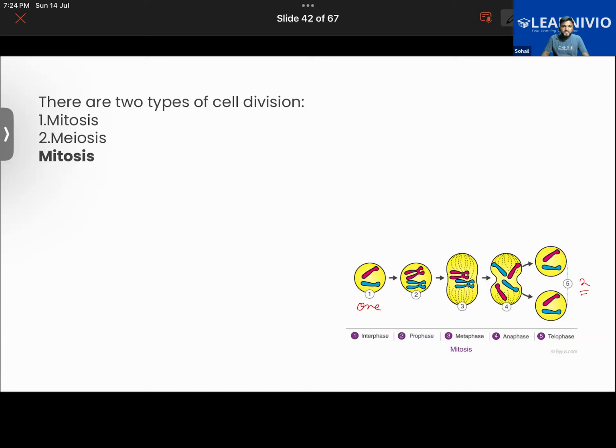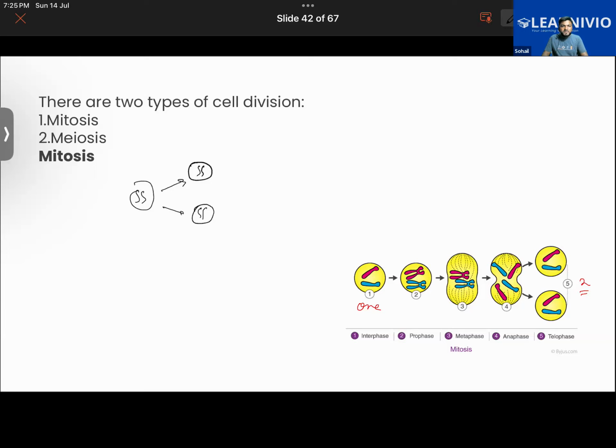Here the nucleus would be dividing into two halves. We know that the nucleus contains chromosomes, so as this nucleus has split into two halves, both of them would be receiving an equal number of chromosomes. Getting it?